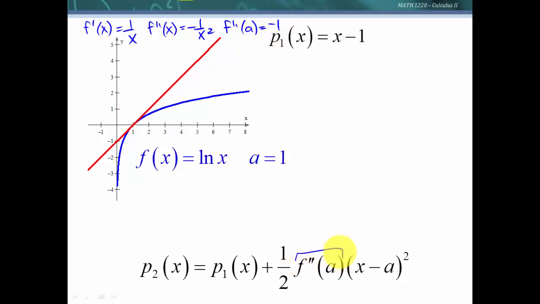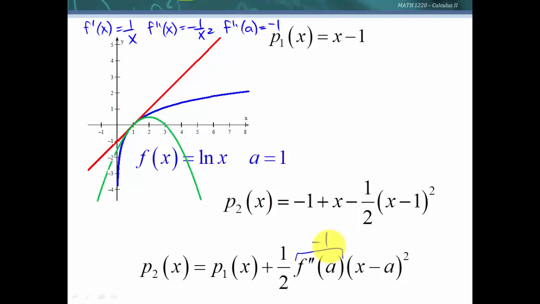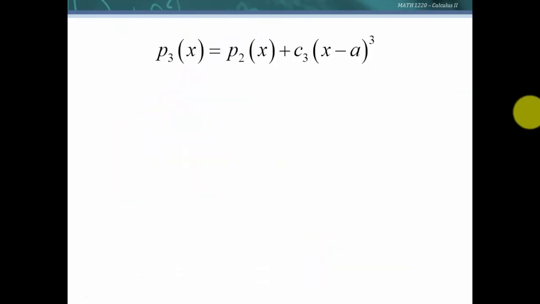So we could put a negative 1 in here, and we would have our p sub 2, which is a polynomial of degree 2 that approximates this curve at a. And here is the graph, and we can see that it gives a little better approximation than the line. We're looking right at 1, everything agrees, and we can move on a little bigger interval about 1 to have an approximation.